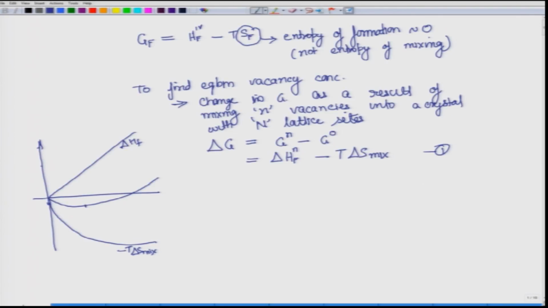Here let us define this as the fraction of vacancies, x_V, and this is energy, which can be Gibbs free energy, enthalpy or anything. This is delta G, and minus T delta S is also in energy units. So, all these are energy, and one is increasing, the other is decreasing, and because of that there will be a counterbalancing act on the delta G, and we should get some minima.